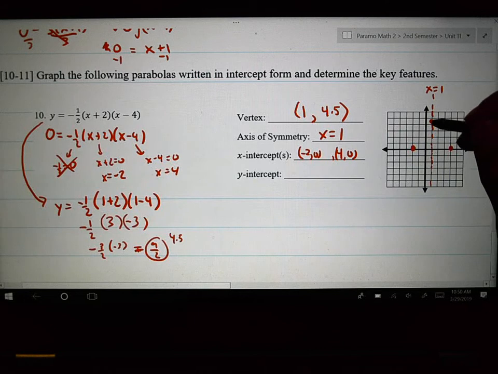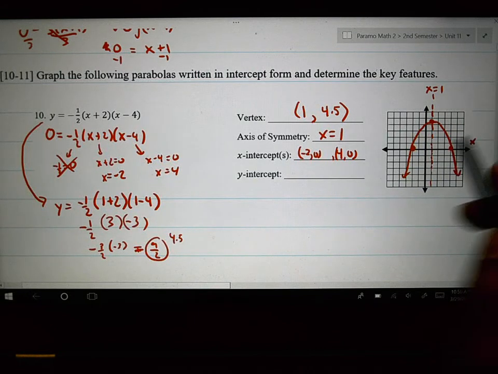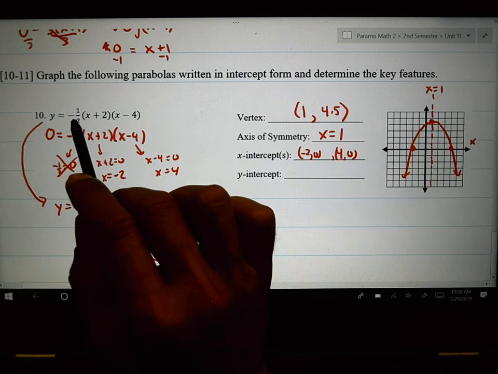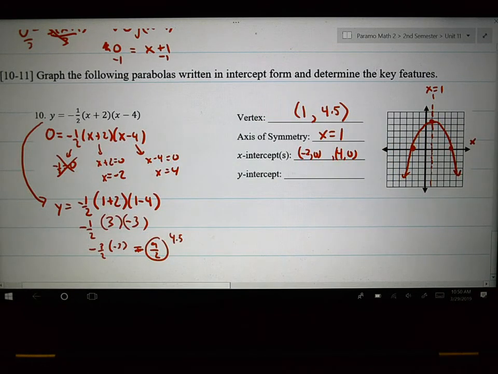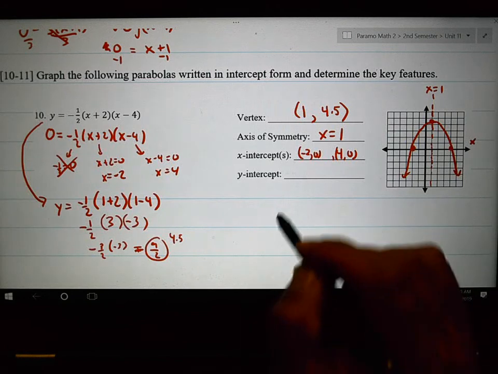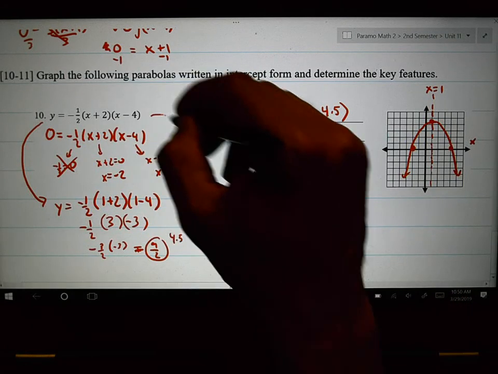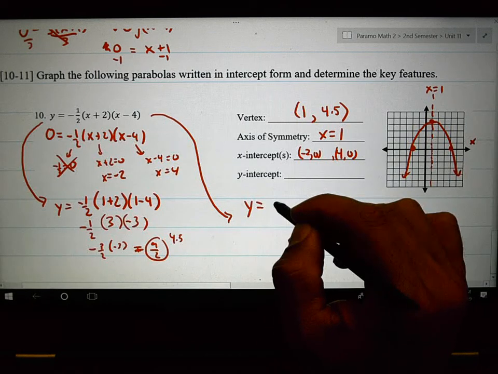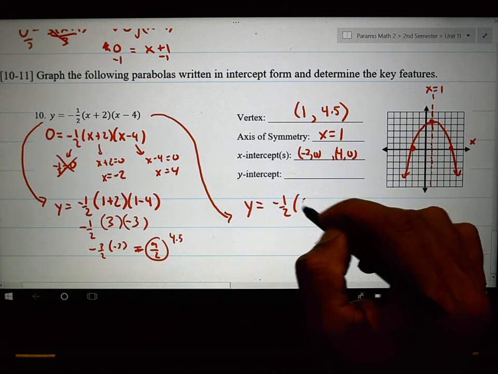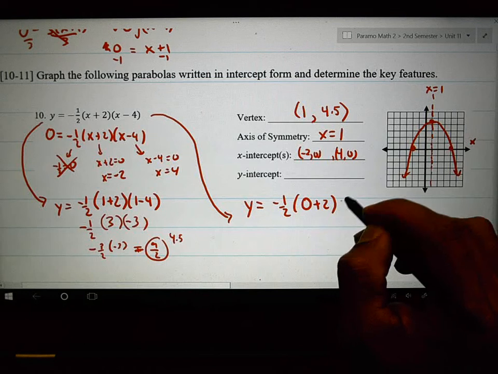And I can think that my graph does this because it has a negative a value, which means it's going to open downward. The only thing we haven't done yet is the y-intercept. And so how do we find that y-intercept? We plug a 0 in for x. If I plug in a 0 for x, it looks like this. 0 plus 2, 0 minus 4.